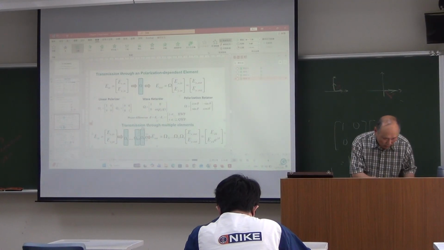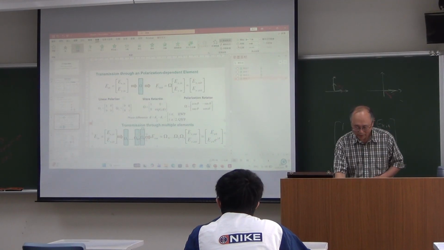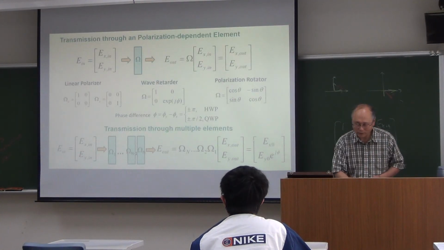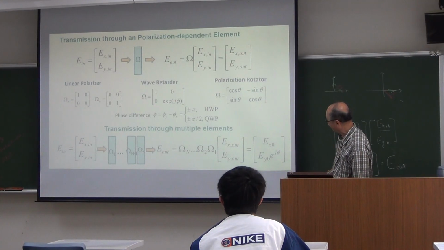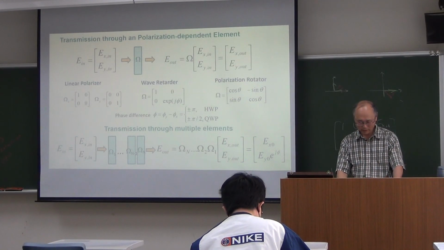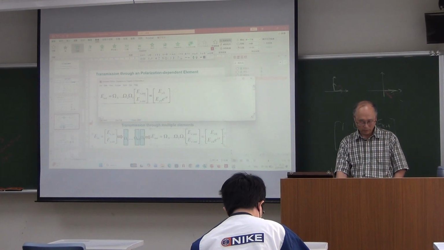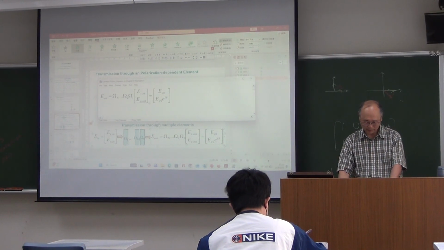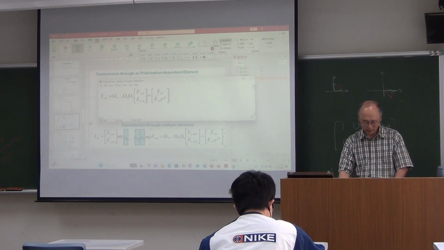So you need to be correct on the sequence of this formula. This is just the same as how you write down the calculation for the ABCD matrix. The first element goes next to the input. So this is your input. Somehow I messed up this expression a little bit. And then eventually you have the output.